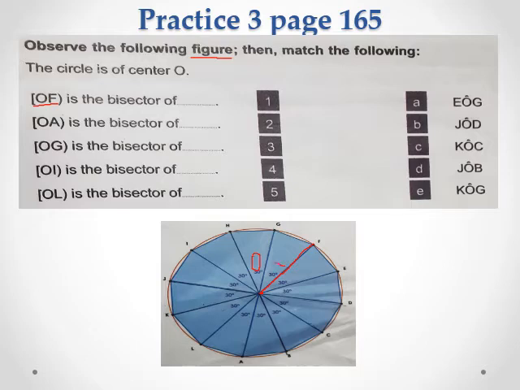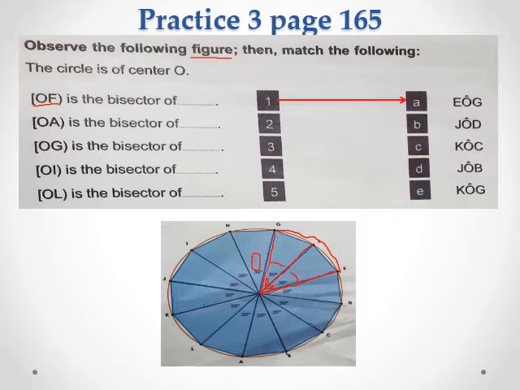GOF equals 30 degrees and FOE equals 30 degrees. So OF is the bisector of angle GOE, this angle here marked in red. It divides this angle into two equal adjacent angles, each one of them equal to 30 degrees.